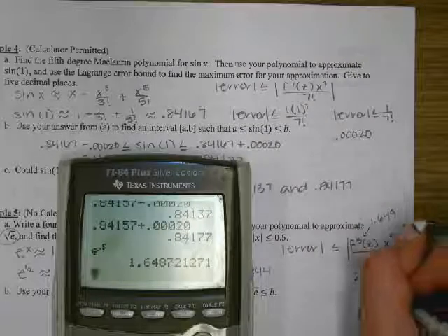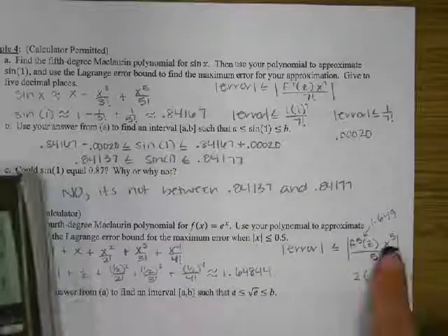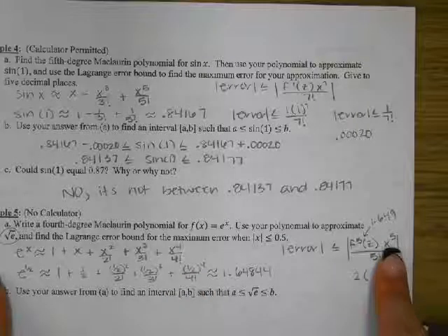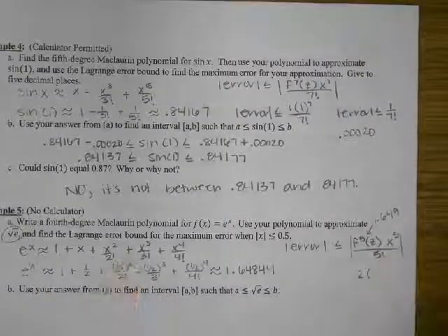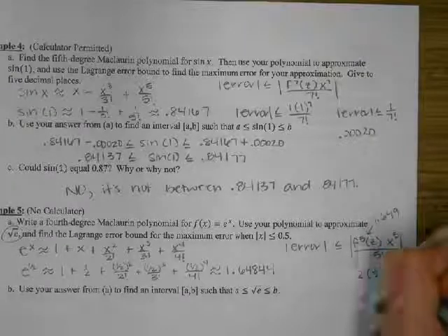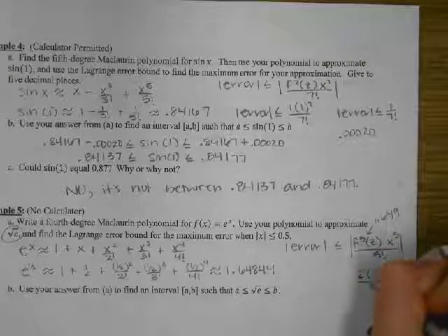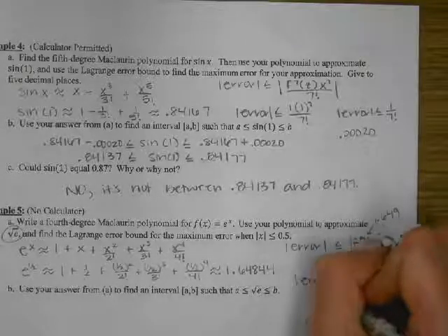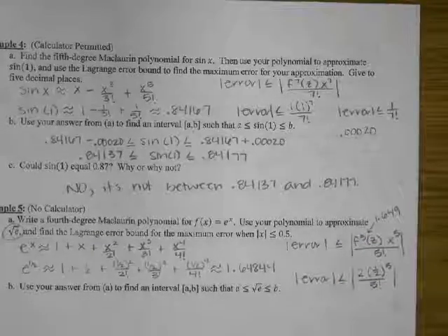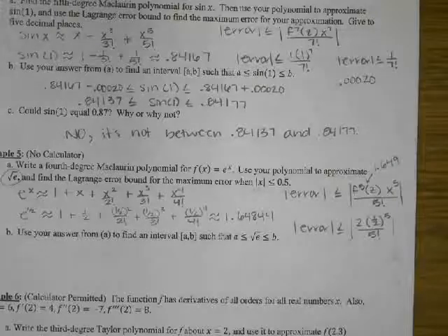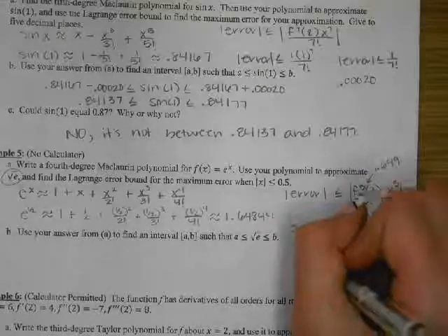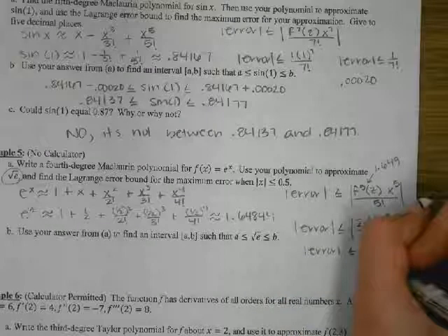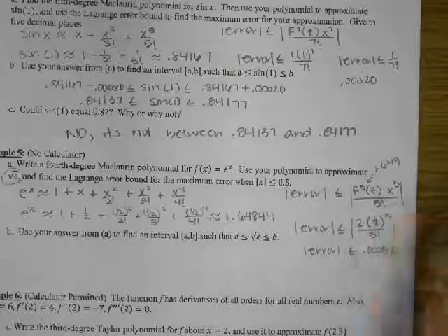So we're going to say 2, and then in here, the x is asking us to plug in 1/2. That's what we're evaluating this at, divided by 5 factorial. Okay. And then again, I'm going to go ahead and do 5 decimal places. So the error is less than or equal to 0.00052.